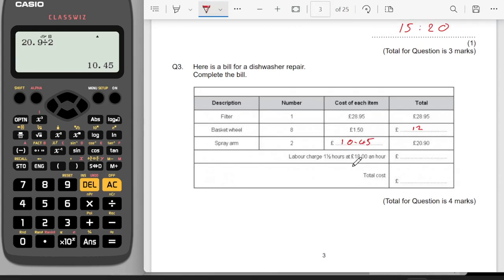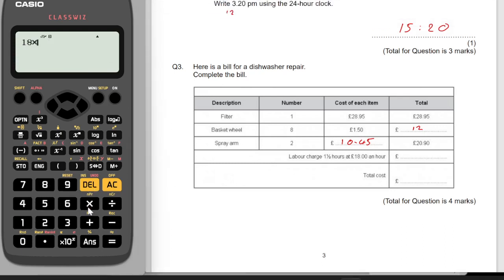And labour charged for 1.5 hours at £18 per hour. So we want to do 18 times by 1.5. I'll actually show you if I want to enter it as a mixed fraction, we press shift and then the fraction button. So 1 and 1/2.